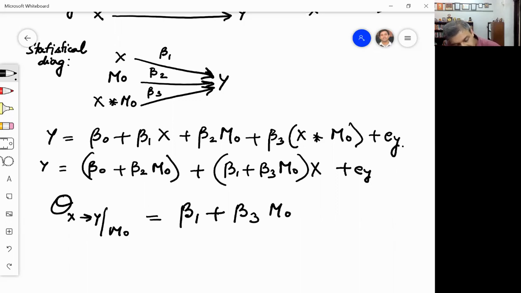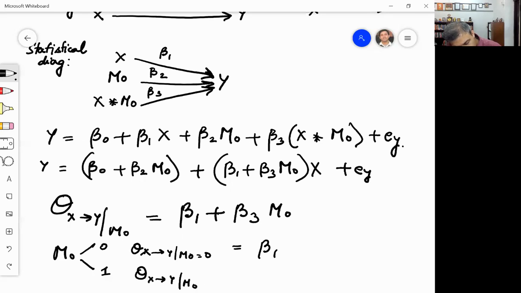So let's say moderator is a dichotomous variable here. Let's say it takes two values, 0 and 1. So the effect of X on Y for MO equal to 0 becomes beta 1, and the effect of X on Y for moderator equal to 1 becomes beta 1 plus beta 3.